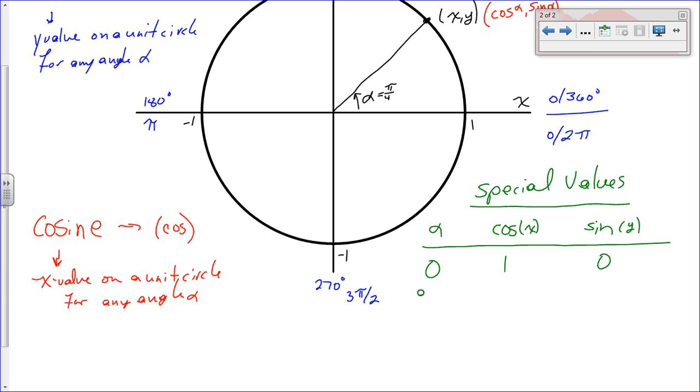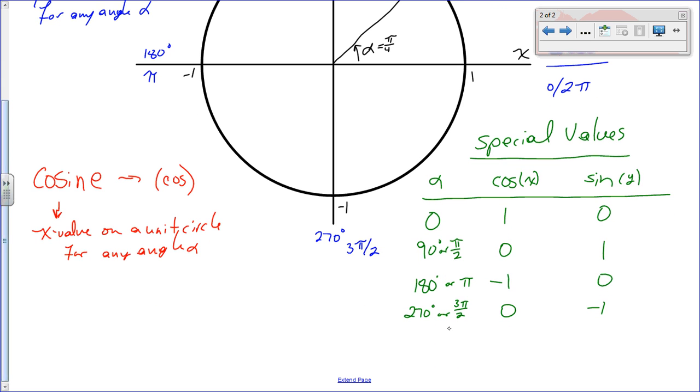If you have 90 degrees, which remember is also pi over 2, your cosine is 0 and your sine is 1. 180 degrees, or pi, you have negative 1, 0. 270, or 3 pi over 2, you're going to have 0, negative 1.